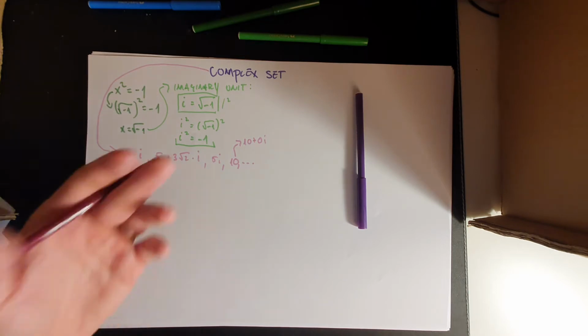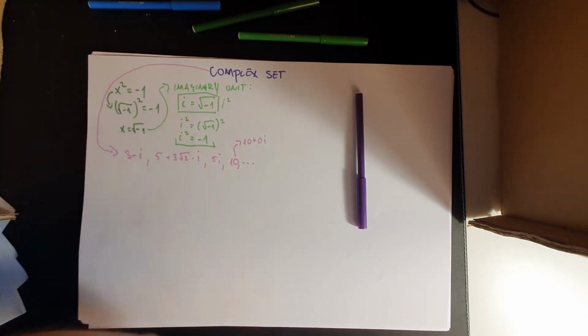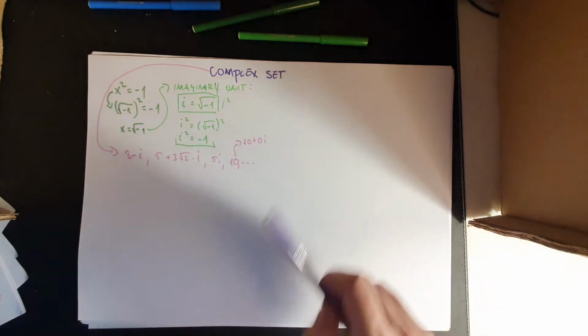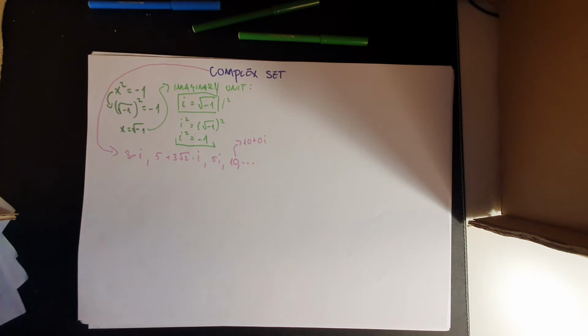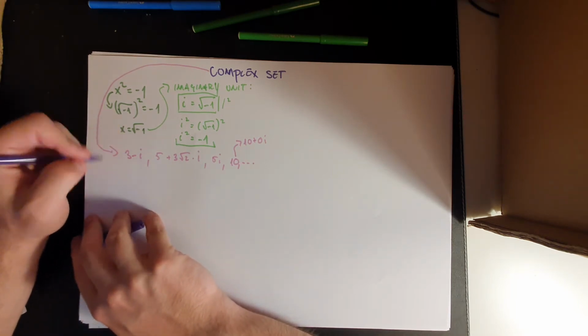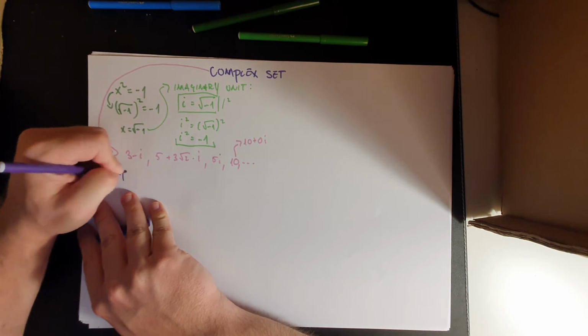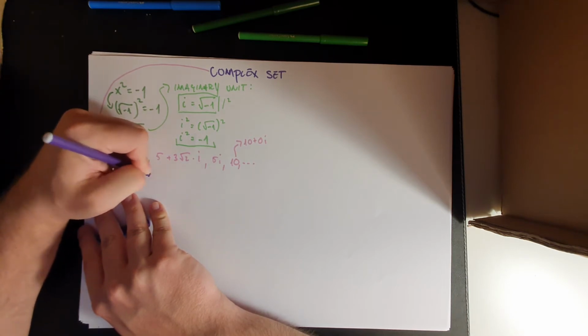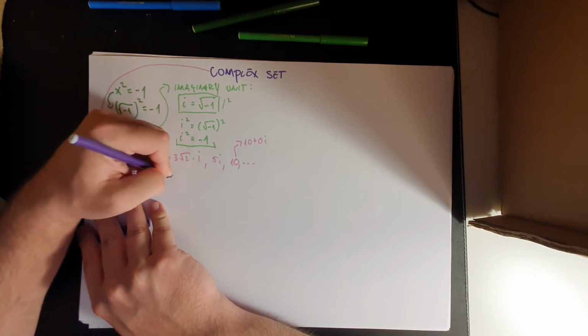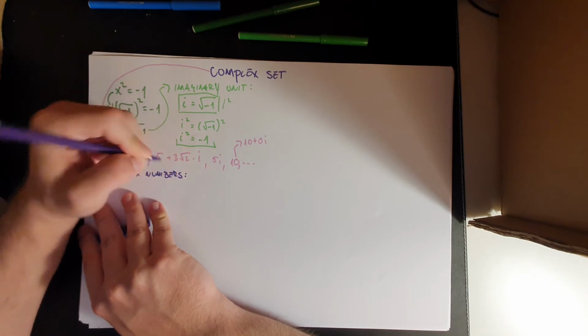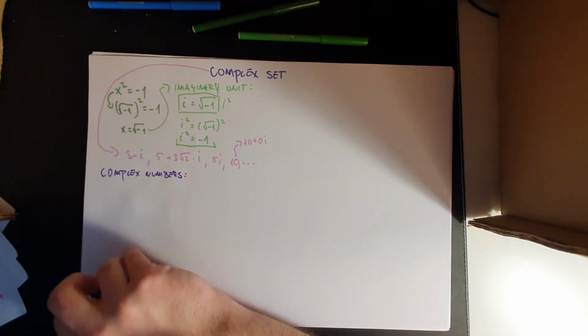Now, think about how I'm saying things here, because I'm now going to define the complex numbers themselves. So let's do that, and then hopefully we'll have everything in place considering the complex set. So complex numbers are defined as follows.